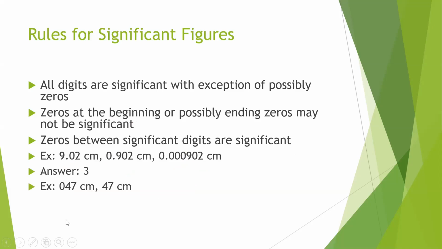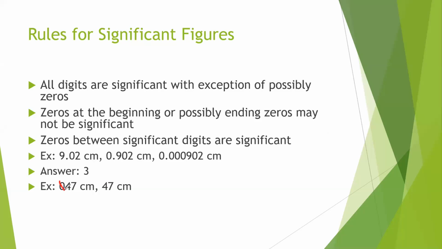So how about for the next one, 0.47 and 4.7? How many significant figures are there? Please type it in the chat below when you figure it out. It's good. I see a lot of correct answers. So let's work through them together. This 0 is a leading 0.